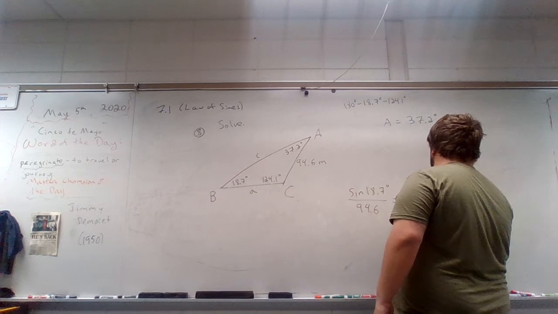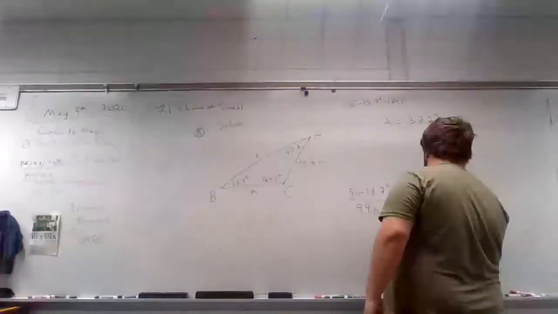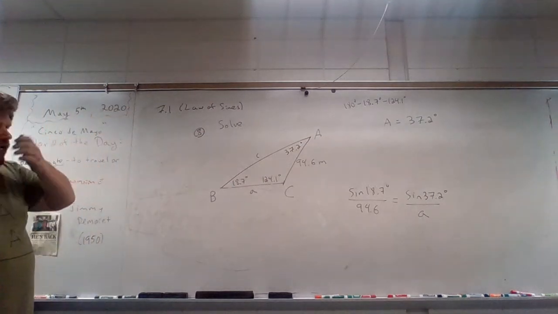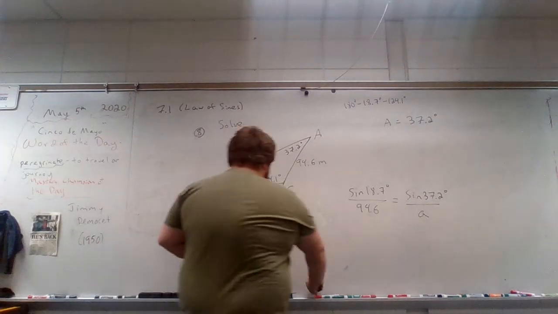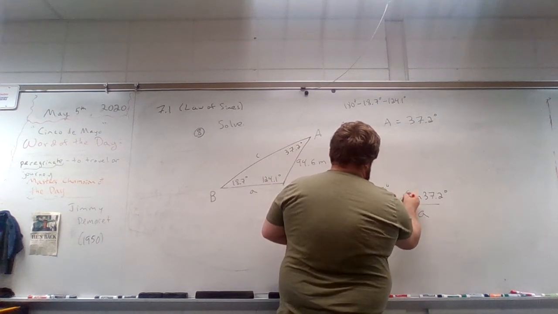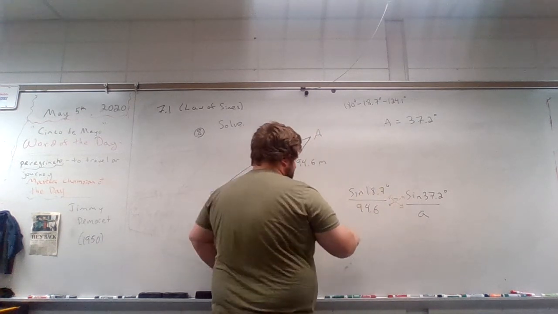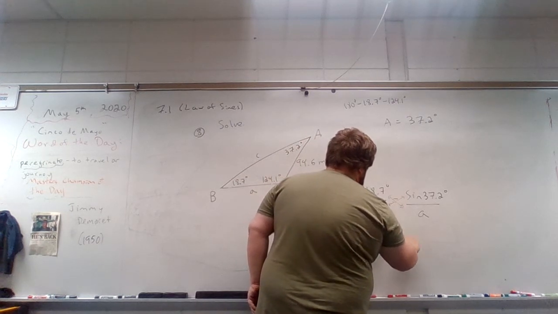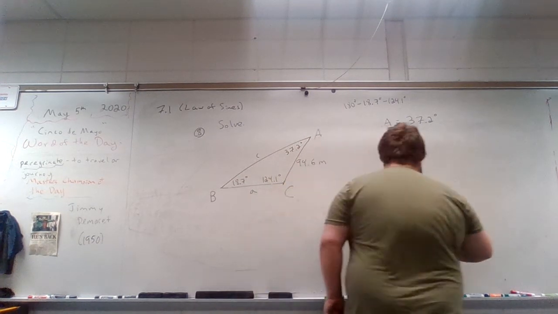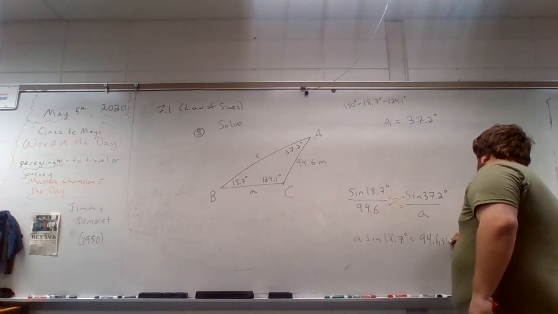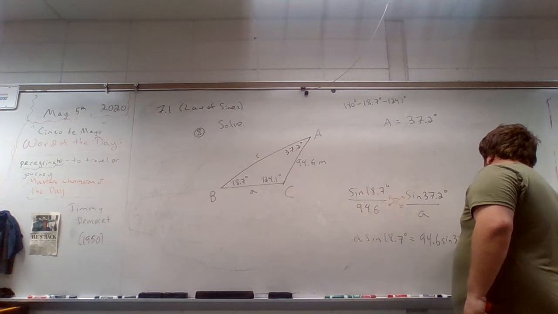Notice I can take this equation and solve it for little a. All I would do is cross multiply. So I got a times the sine of 18.7 is equal to 94.6 times the sine of 37.2.